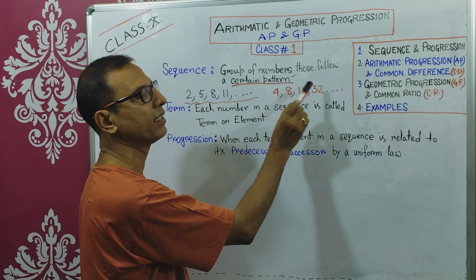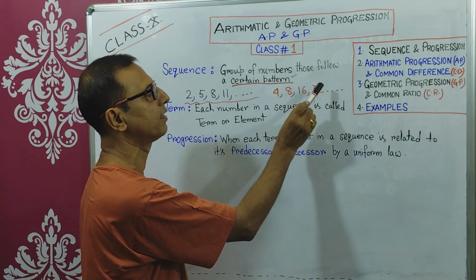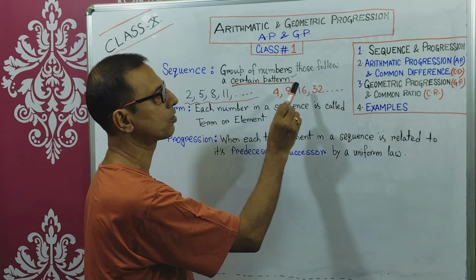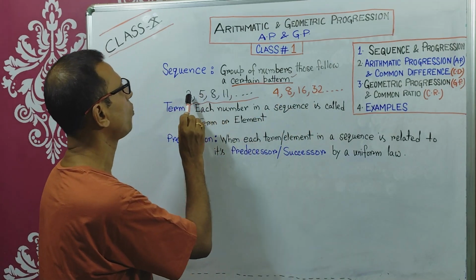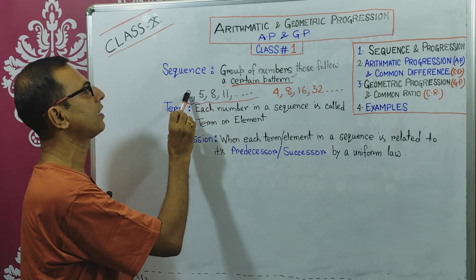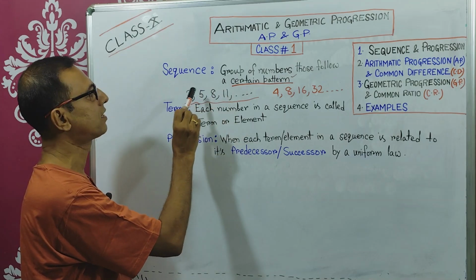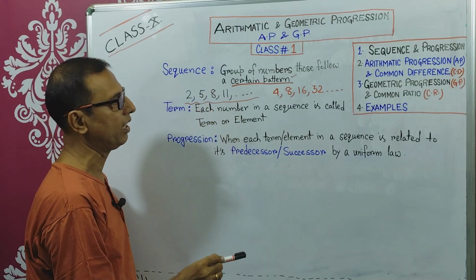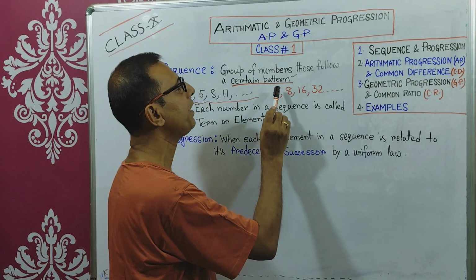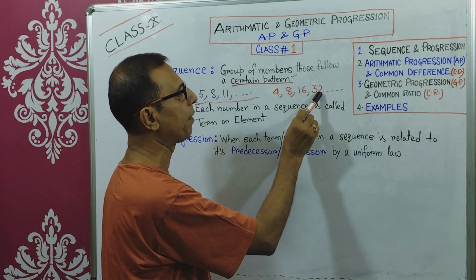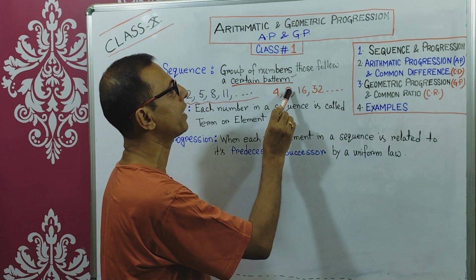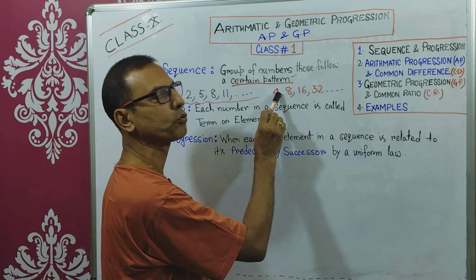Now let's say a sequence 4, 8, 16, 32. All the numbers in this particular sequence are called terms or elements. Here 2, 5, 8, 11, these are the numbers in this sequence, and these are called terms or elements. In this group of numbers, the ratio between the second and first term is 8 by 4, 2.